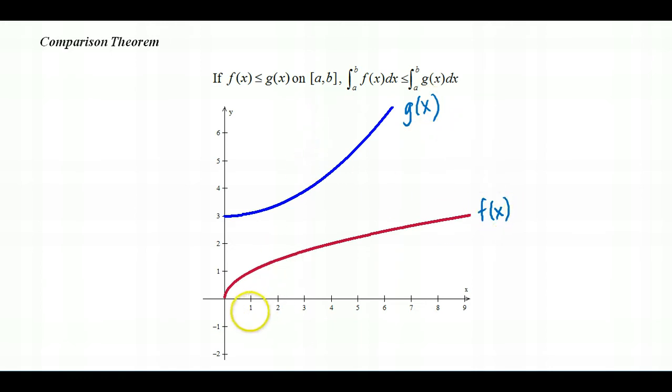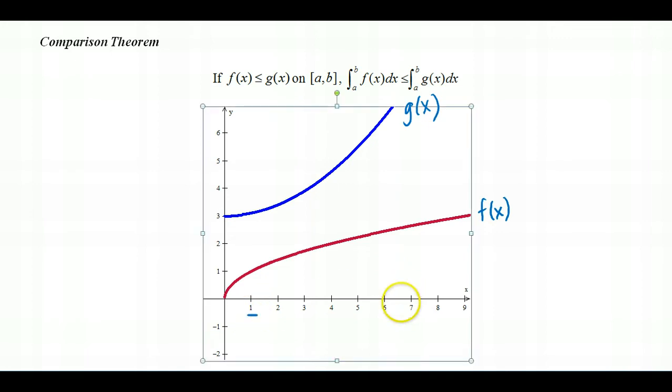So I need to choose a particular interval. Let's say that I'm looking at the interval from 1 to 5. So here, the area under the curve, in this case from 1 to 5 of f of x, so all of this area, if I go up to the function, I'm looking at all of this area here, that has to be less than the integral from a to b of the g of x function.